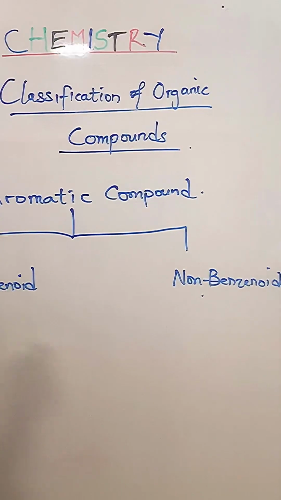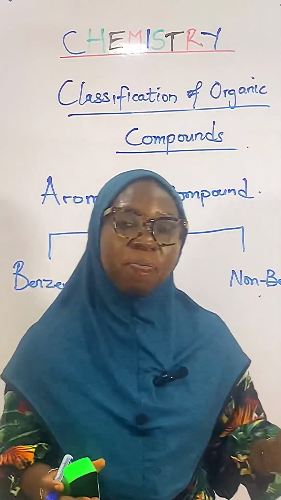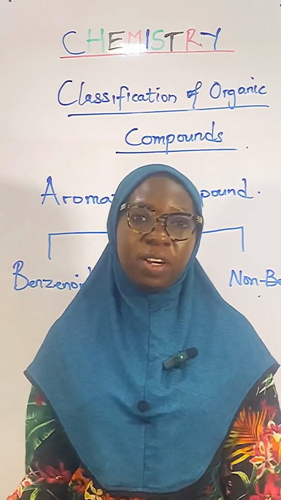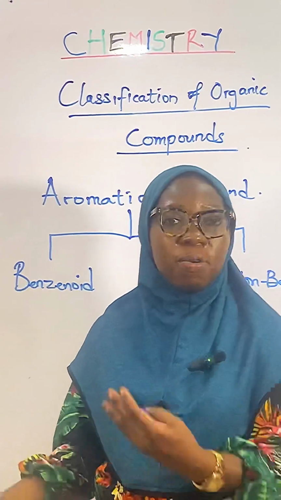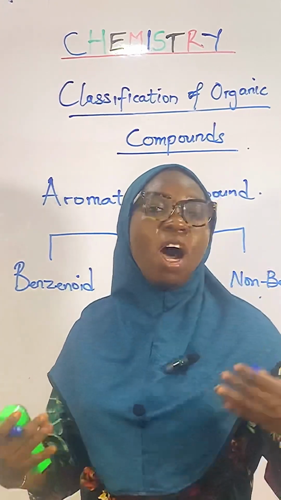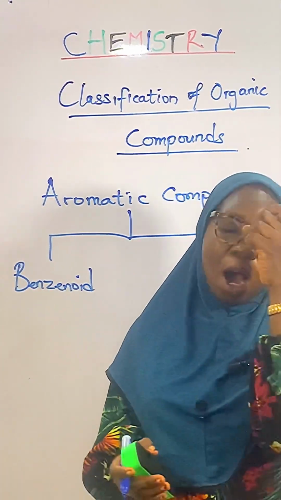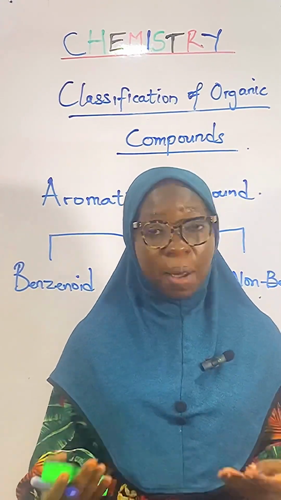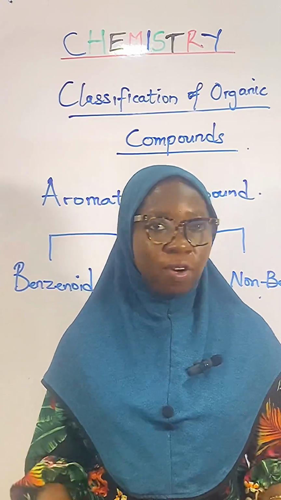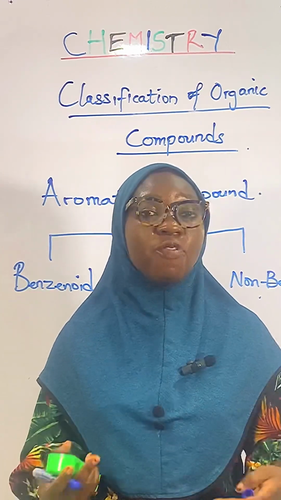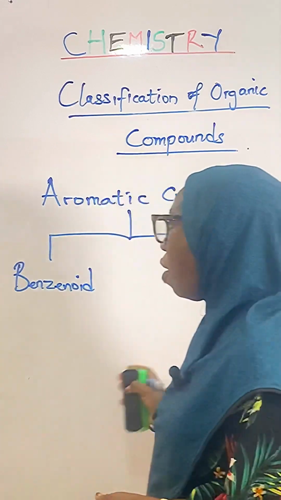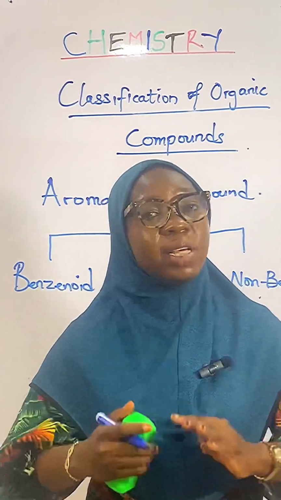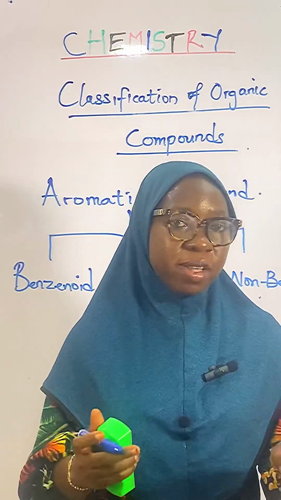When we talk of benzenoid compounds, they are compounds containing a benzene ring. From the word benzene, it forms benzenoid. So all compounds that contain a benzene ring are called benzenoid compounds. An example of that is the same benzene that we have. Naphthalene is also another example of a benzenoid compound.